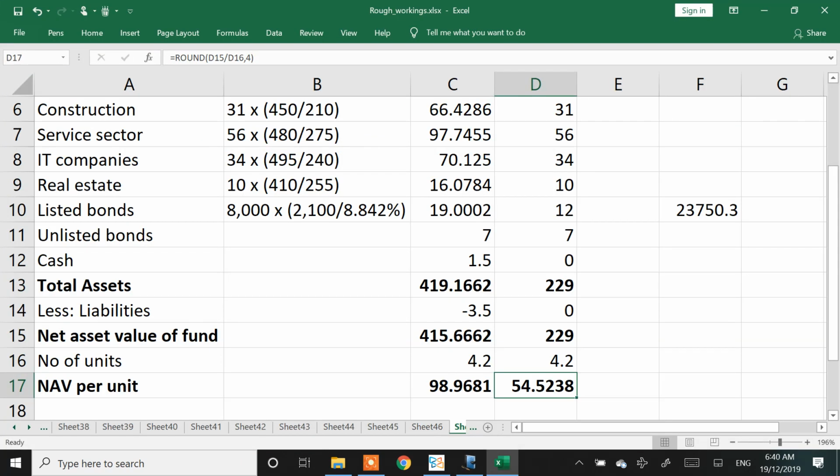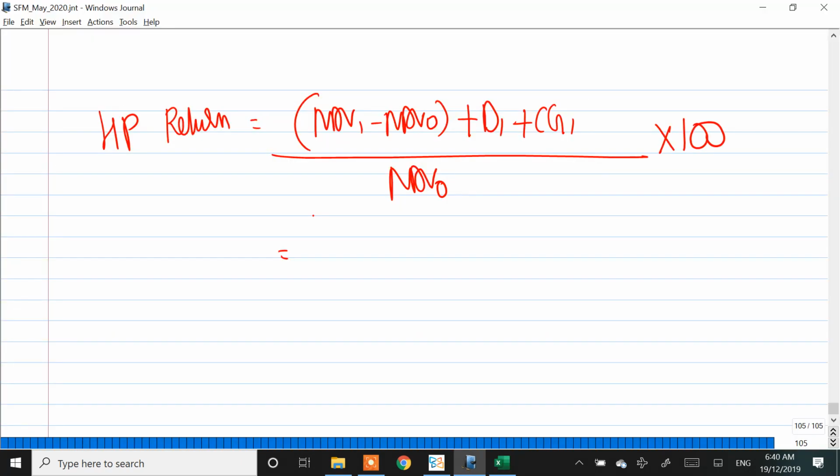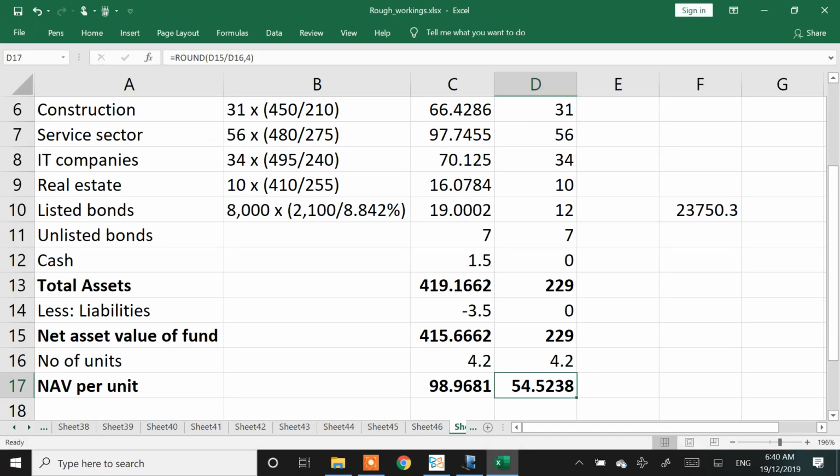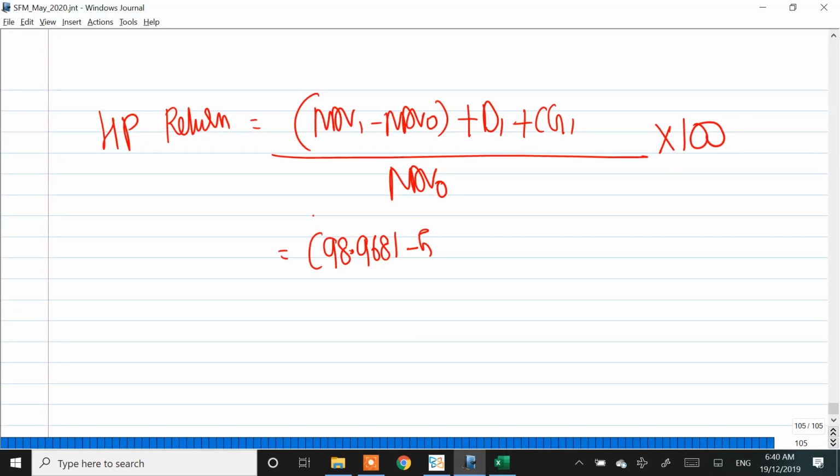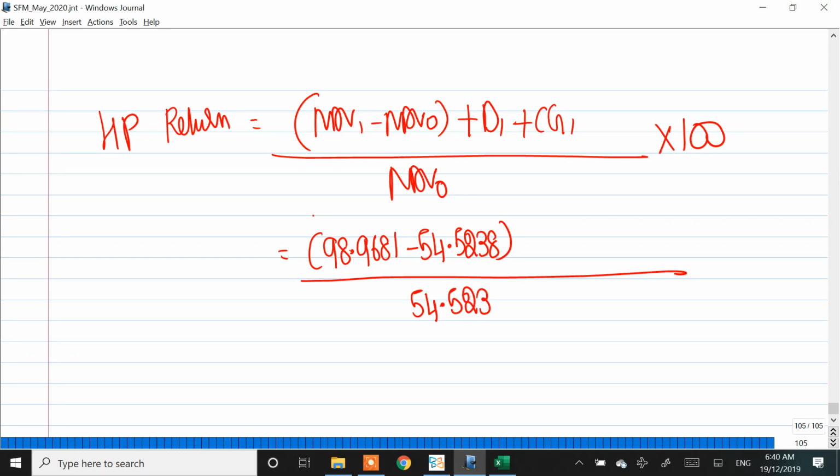What's the ending NAV? 98.9681. Opening NAV is 54. Dividend is how much?